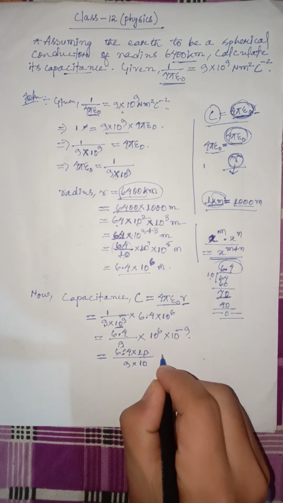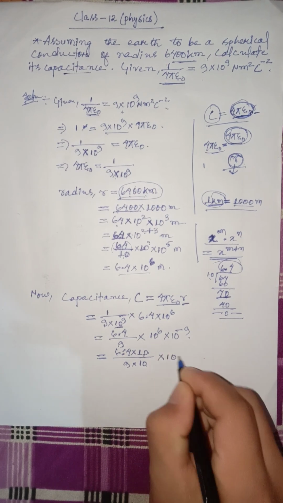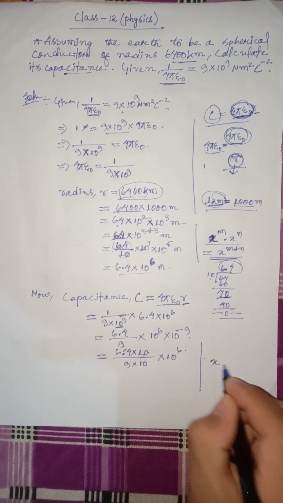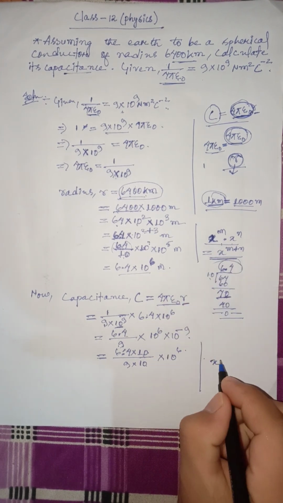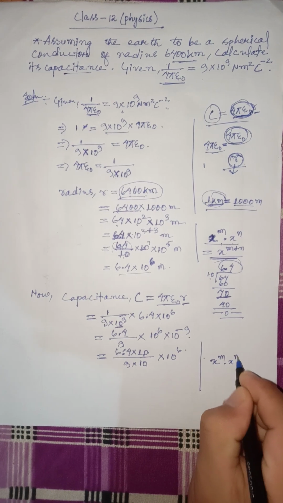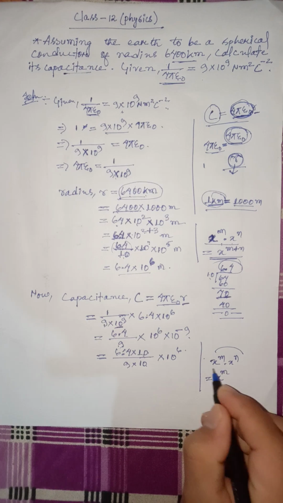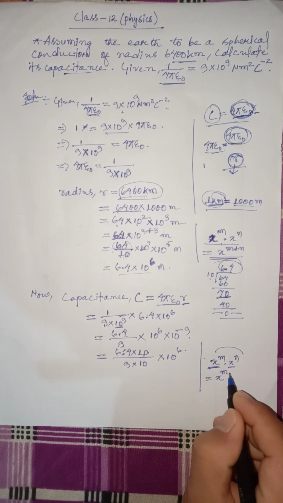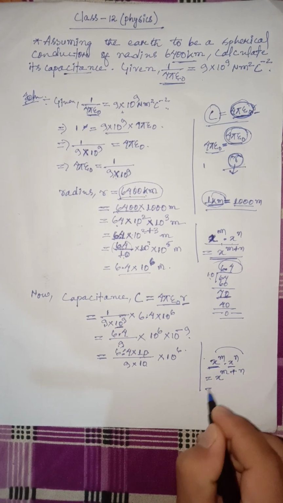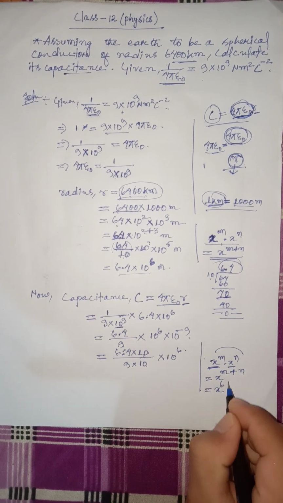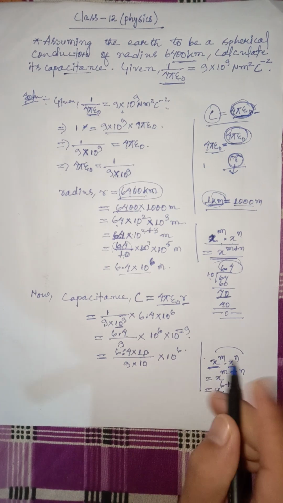Then moving to the next, it will be like this, 10 to the power minus 6. And since we already discussed here, x power m into x power n, how can we do this? It will be x power m plus n. And what is the sign that we have here? It is 6 plus, what is the value of n that we have?